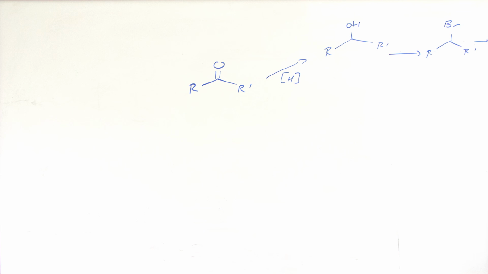If one of those is a hydrogen, we can get to carboxylic acids from oxidation. We can get to acetals. We can also do Grignard stuff to get us to tertiary alcohols.